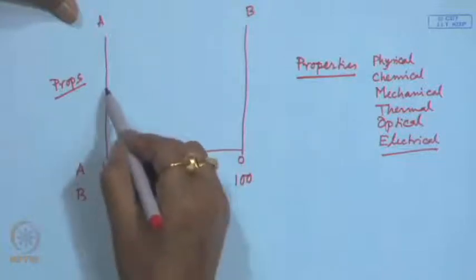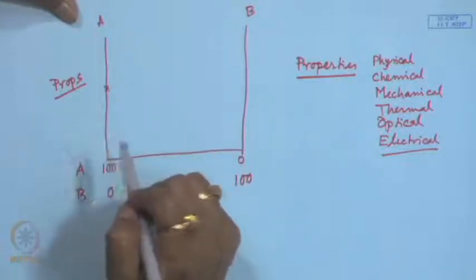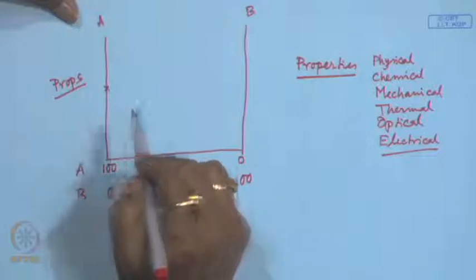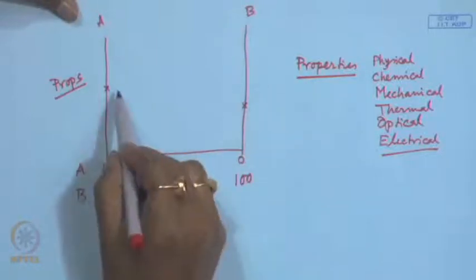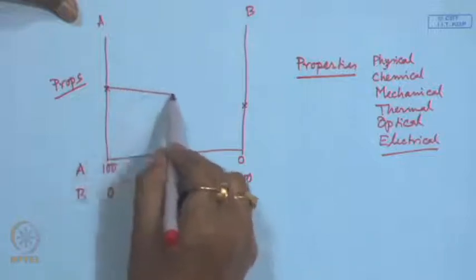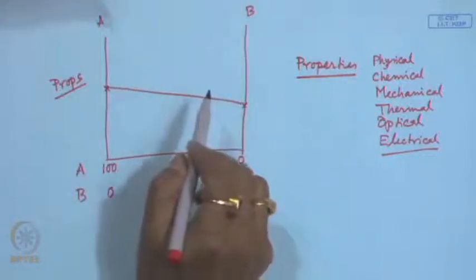Suppose here lies the properties of A and here lies the properties of B. So, if we add these 2 points, we will get an additive line.